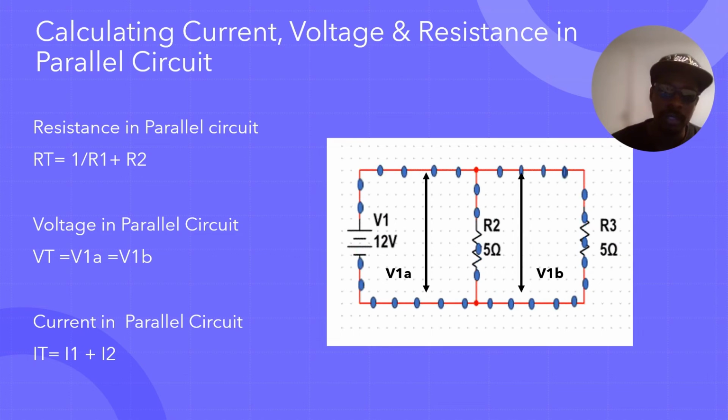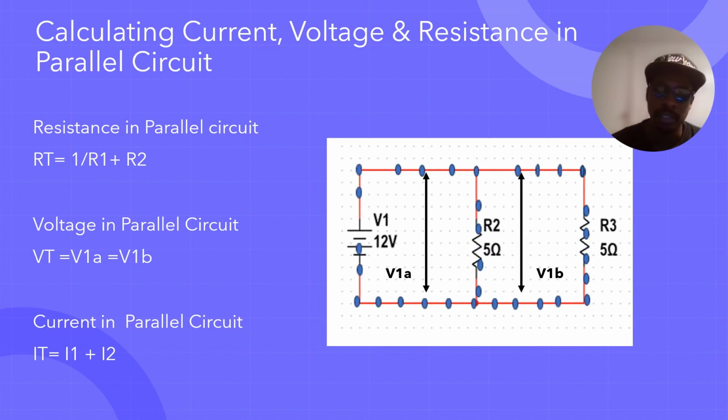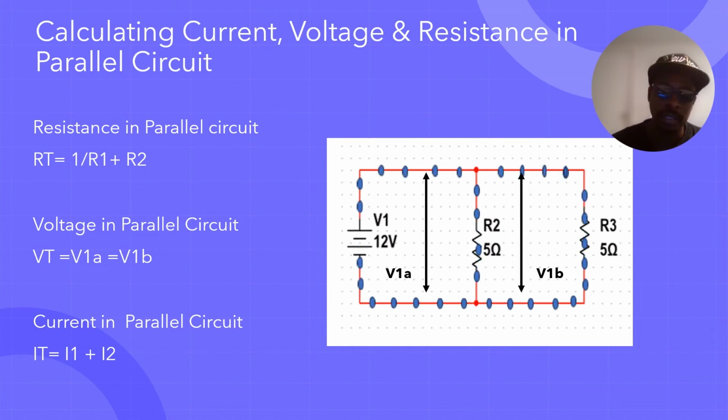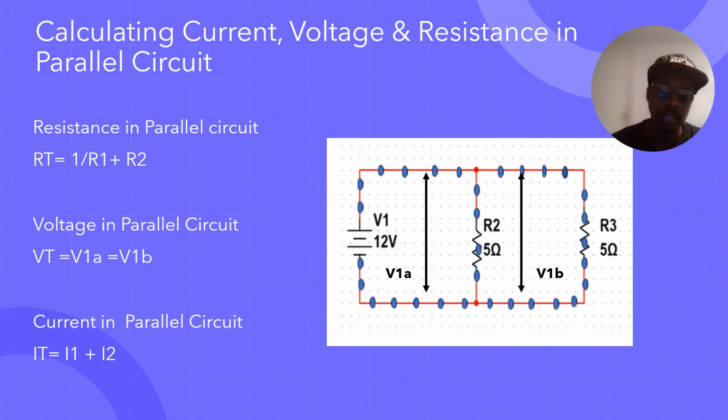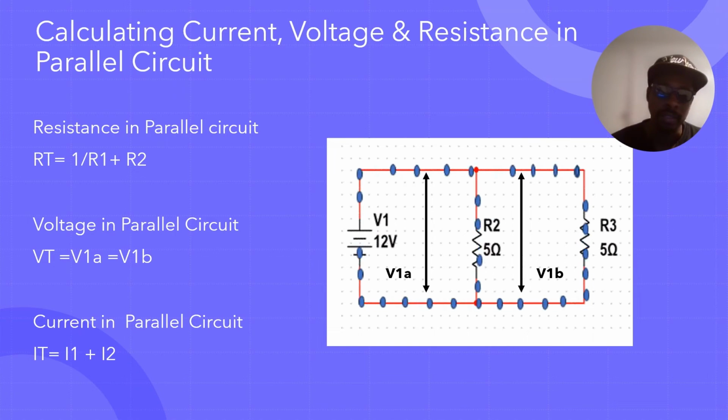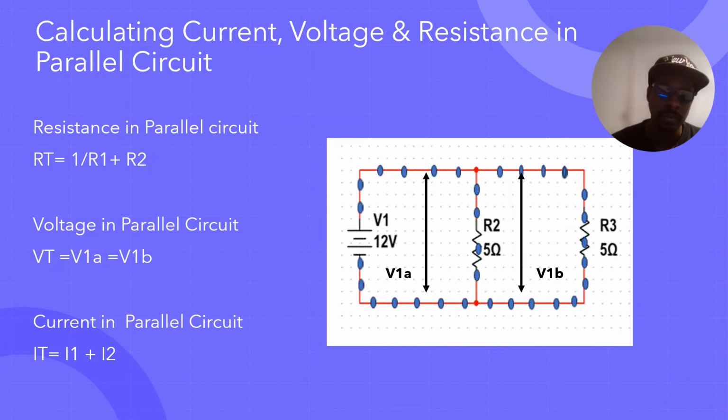Alright, so let's look at calculating current, voltage, and resistance in a parallel circuit. In finding the resistance within a parallel circuit, you simply need to take the reciprocal: RT is 1 over R1 plus 1 over R2.